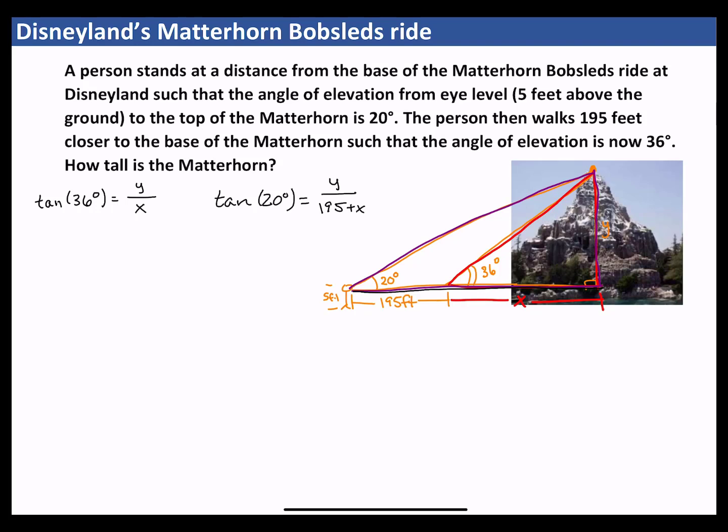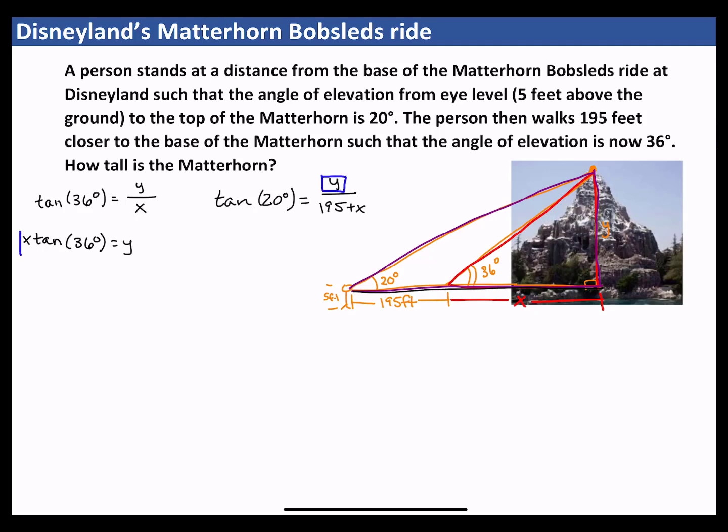And so anytime we have two unknowns and two different equations relating them, if there's a solution, we should be able to find it. So we're going to take this first equation, and multiply both sides by x. So we have x times the tangent of 36 degrees equals y. And we'll go ahead and make a substitution.